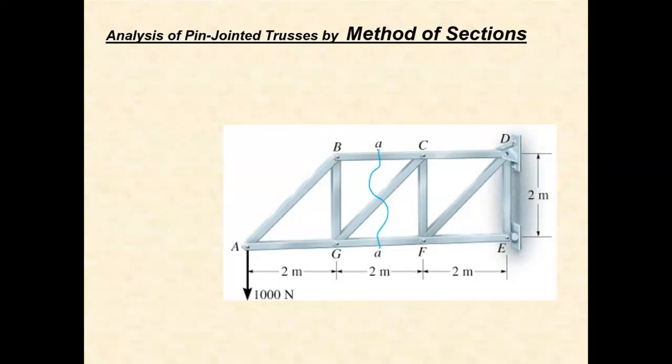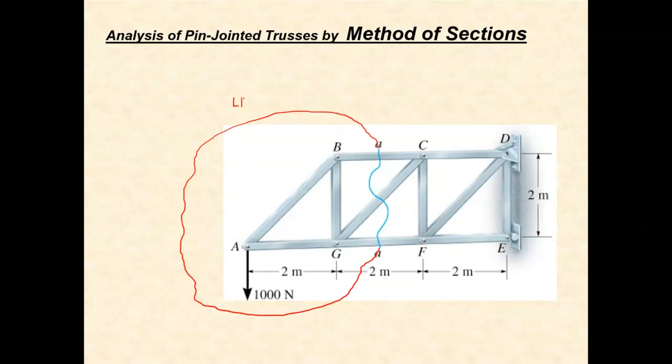The first one, I draw that in red. So remember the definition of the free body diagram. This is an imaginary envelope which is separating a structure from its environment. So I call this the left-hand side free body diagram.